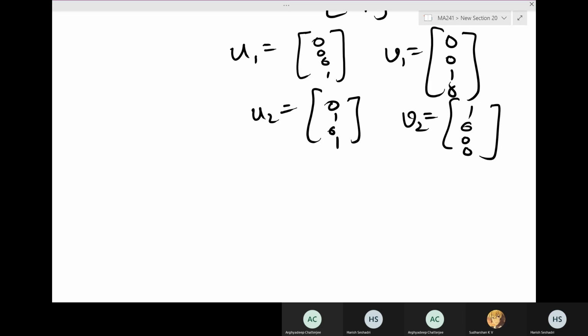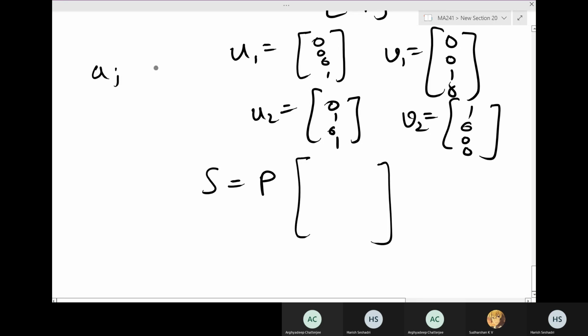What I want, the only difference compared to the previous example we did, is this S will be P times not a diagonal matrix, but remember it's supposed to be aj minus bj, bj, aj, where lambda is aj plus i bj. But lambda was just i. So 0 minus 1, 1, 0, 0.